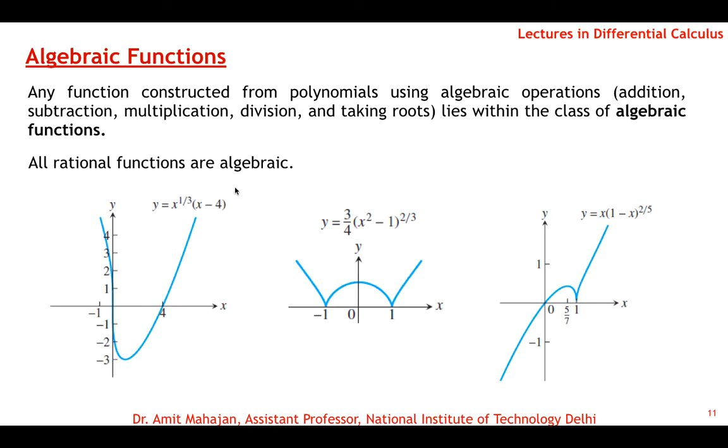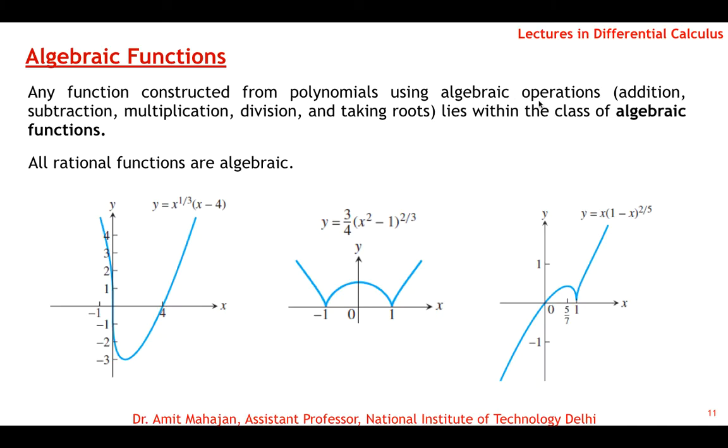This function is built by taking x, then its root, and multiplying with another polynomial. So x's third root is multiplied with the polynomial x minus 4. This comes as an algebraic function because it is constructed using polynomials by using roots and multiplication.